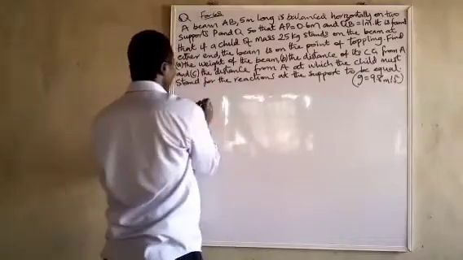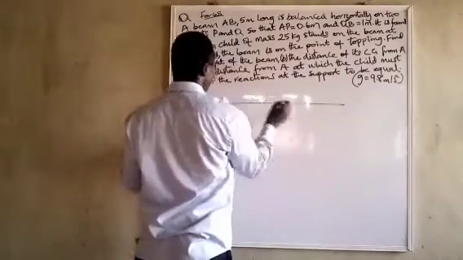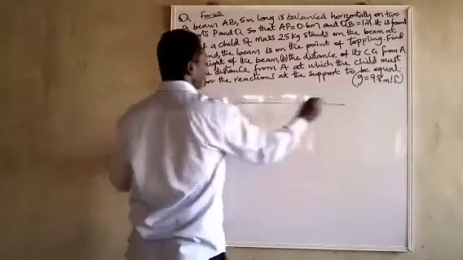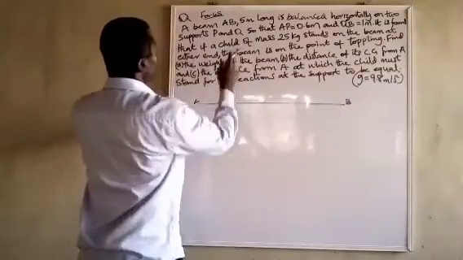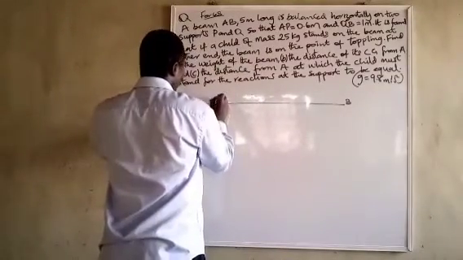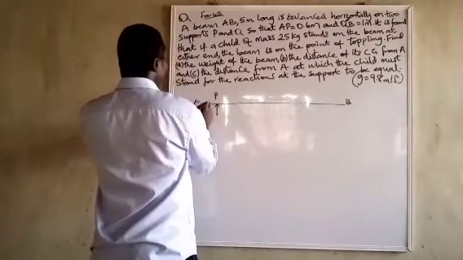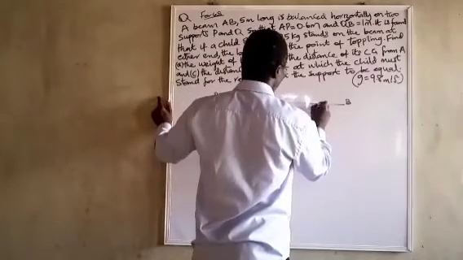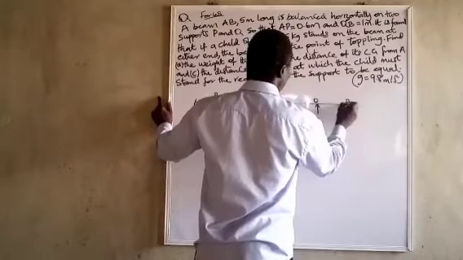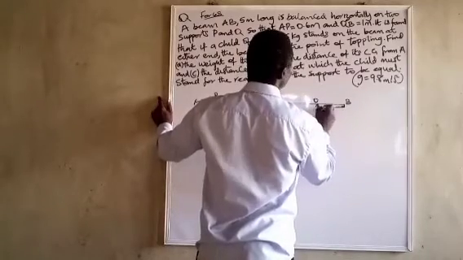From the information we have, you know that the beam is 5 meters long, AB. And we are told that it is balanced on two supports. Here we have P, and we are told that this is 0.6 meter. And we have Q here. And we are told that this place is also 1 meter.